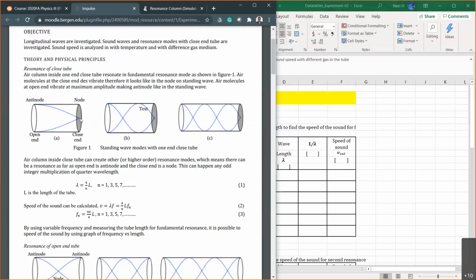So with that condition fixed, this side is a node and this side is an antinode, and the first resonance should occur when you have λ/4 of wavelength inside the tube. So with tube length L, λ/4 = L. But I can have different modes, because if I change the length or the frequency, I can get different resonance modes.